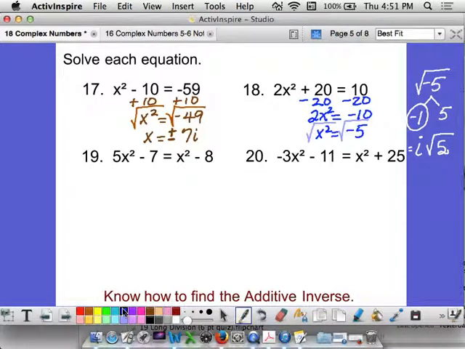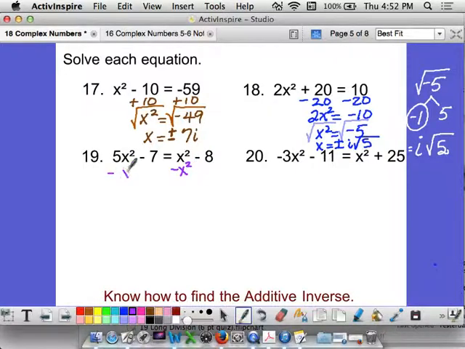However, if I can squeeze this in, this is x equals plus or minus i square root of 5. Don't forget your plus or minus. Okay, with a little more room on number 19, I want to solve for x, so I'm going to put all my x's to one side.